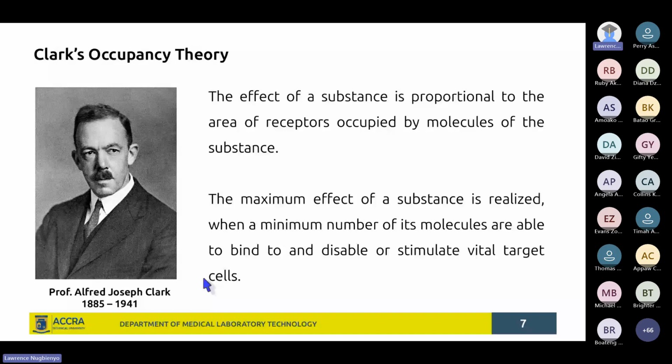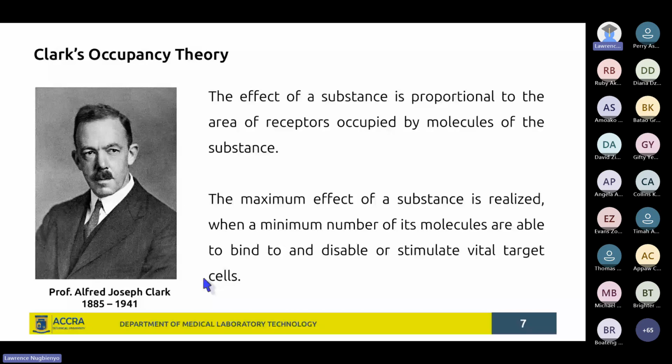If you have one molecule bound onto one of the receptors, it will have a certain effect. If you have two, it's expected that you have an increase of the effect. If you have three, that increase should continue. That is the proportionality that is being referred to: the effect of a substance is proportional to the area of the receptors that are occupied by these molecules.